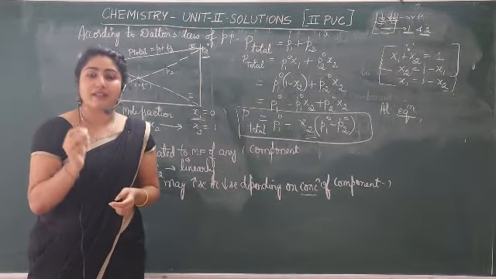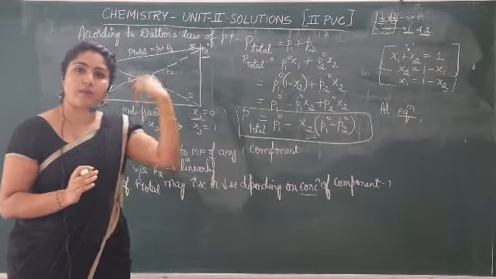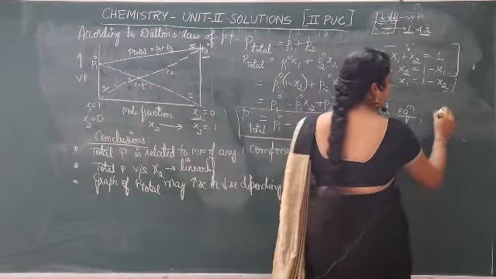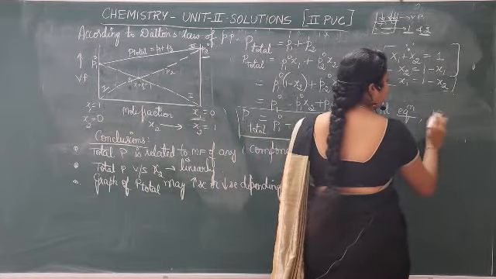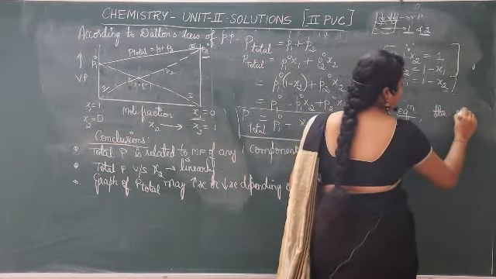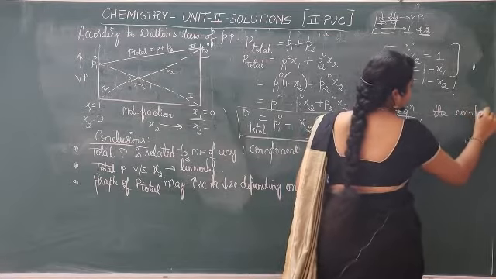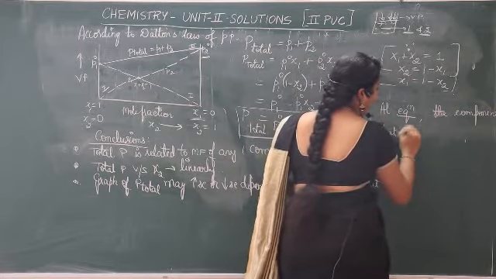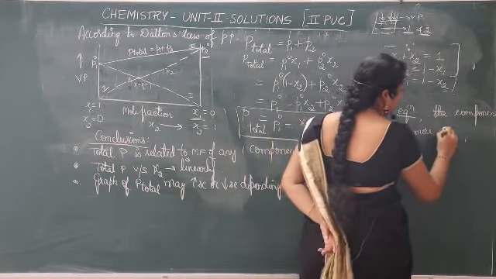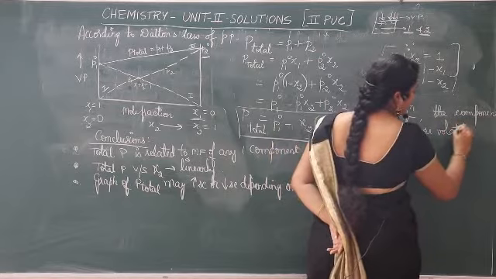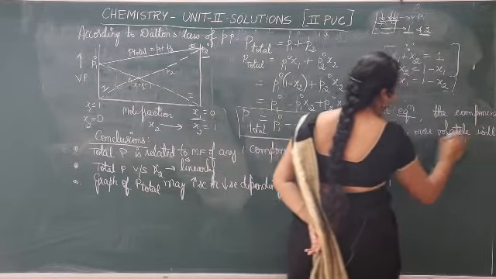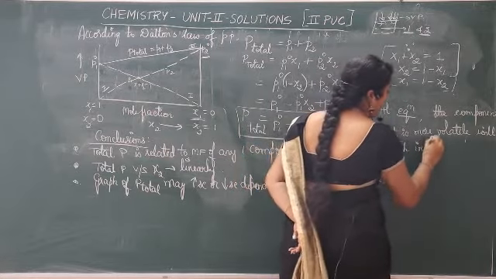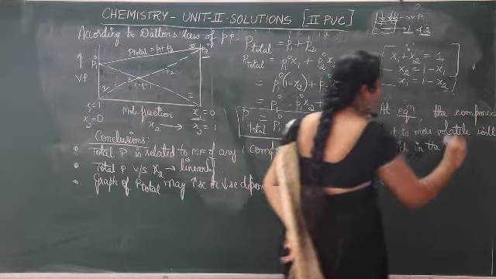The component that is more volatile will be rich in the vapor phase. At equilibrium, the component that is more volatile will be rich in the vapor phase of solution.